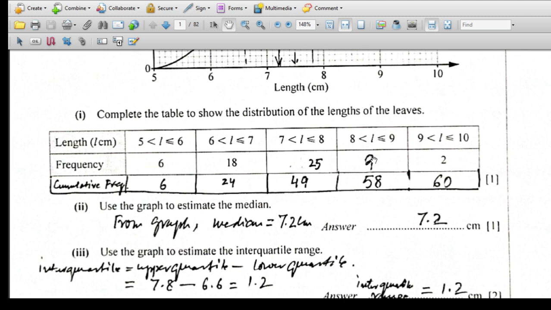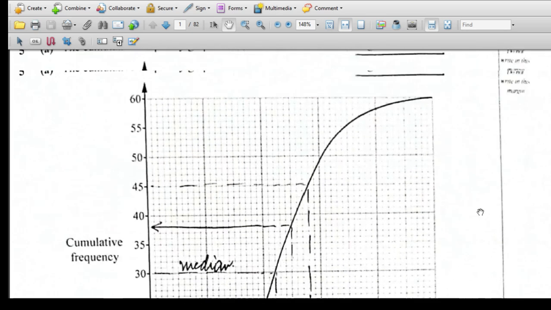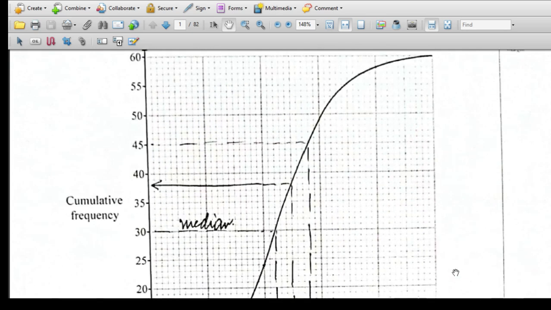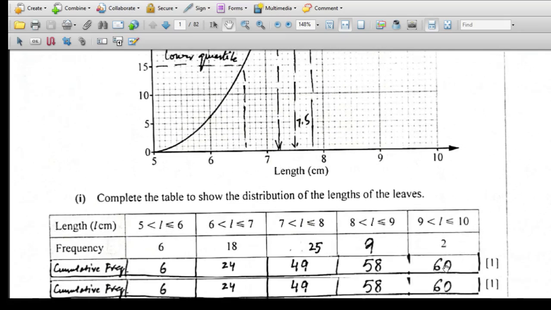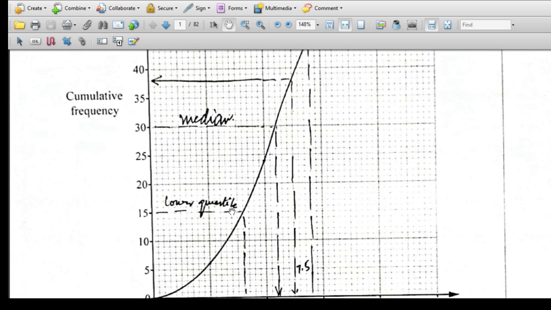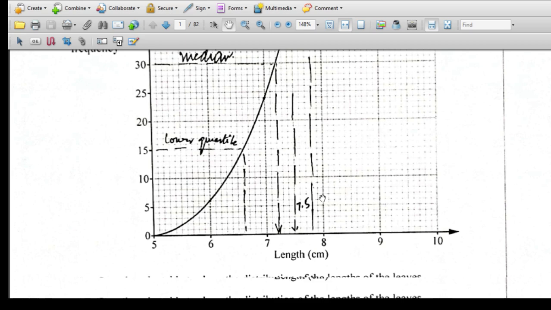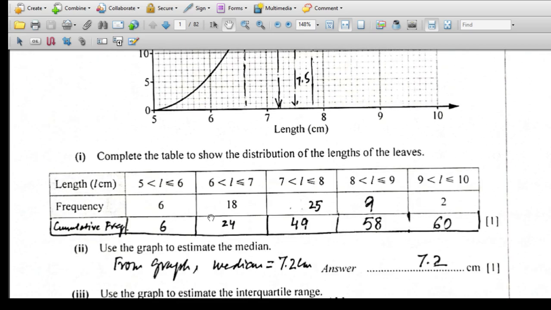The last value, between 9 and 10, is 60 at 10, so the difference is 2. So the table is completed. The missing part is obtained through the cumulative frequency graph, and the first part is completed.